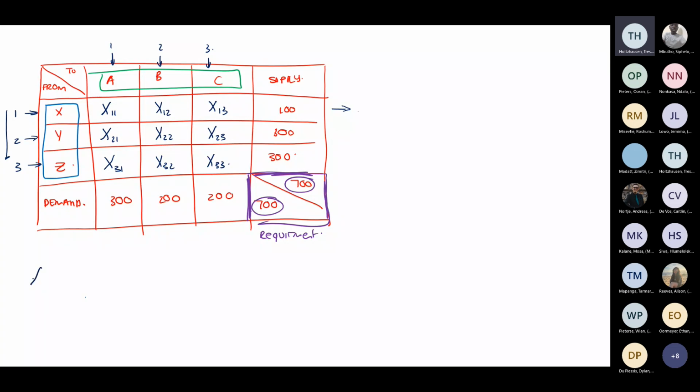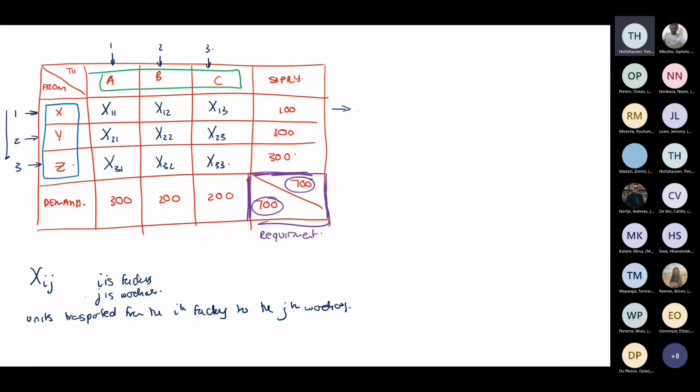And remember, when you write this, it's like Xij, where i is your factory and j is the warehouse. You're basically saying the number of units transported from the ith factory to the jth warehouse.